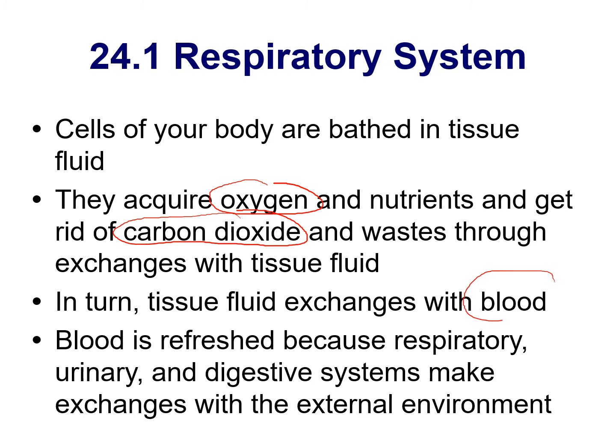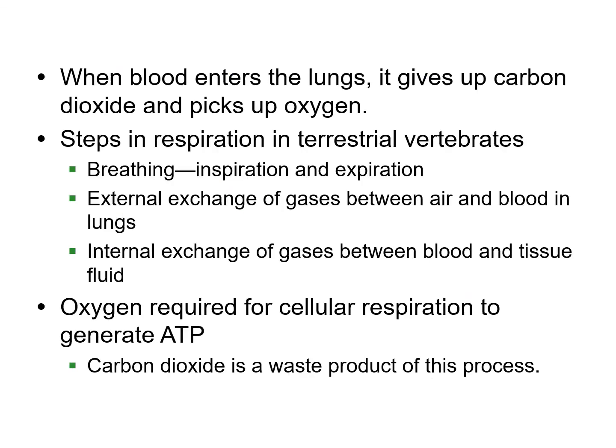We're using blood to pass those gases back and forth through our respiratory system. How it works is the blood ends up in little tiny capillaries, giving up carbon dioxide and picking up oxygen in those sections.